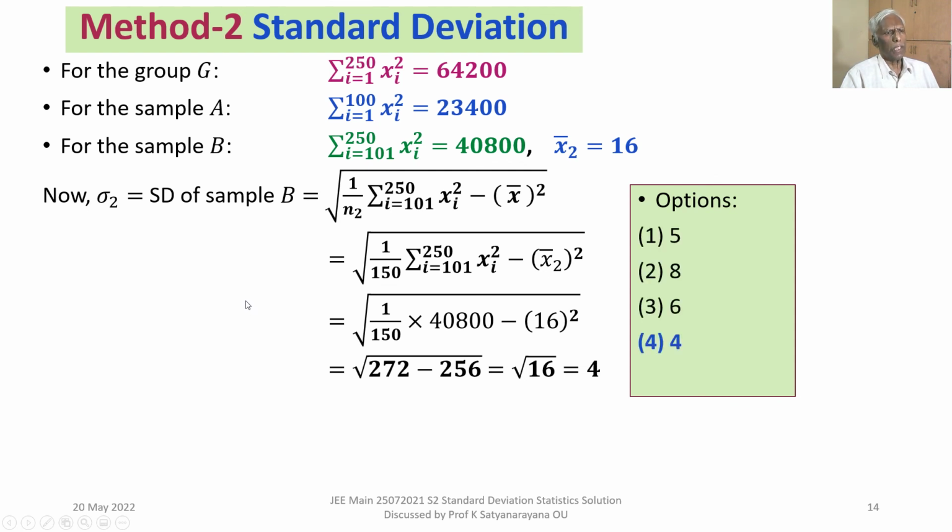The 4 options are here, and our answer sigma 2, SD of sample B, is 4, appears against option 4. Therefore, our answer is option 4.